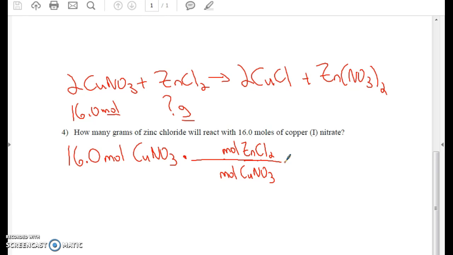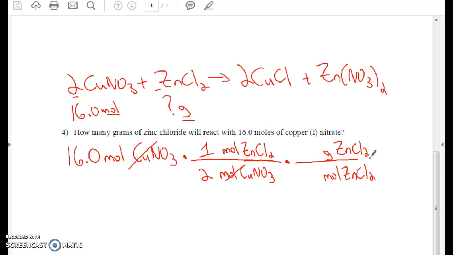You get these numbers from the balanced chemical equation. It's 2 moles of copper 1 nitrate to 1 mole of zinc chloride. So moles of copper 1 nitrate cancel out. What we'll have right now is moles of zinc chloride, but I don't want moles, I want grams. So now we want this moles of zinc chloride to cancel out. We want to go from moles of zinc chloride to grams of zinc chloride.